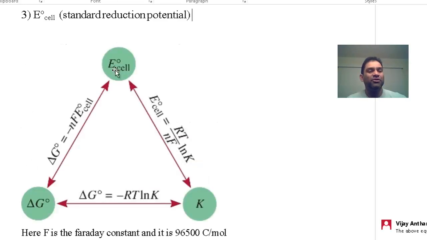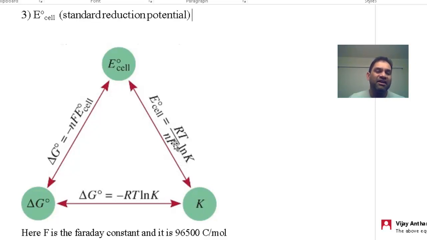So basically, if you know 2 out of any of these 3 green circles, you should be able to get the other one. It's just a way to communicate between K, E cell, and delta G. Remember, it's worth noting if delta G is negative, E cell will be positive, and K will be large.